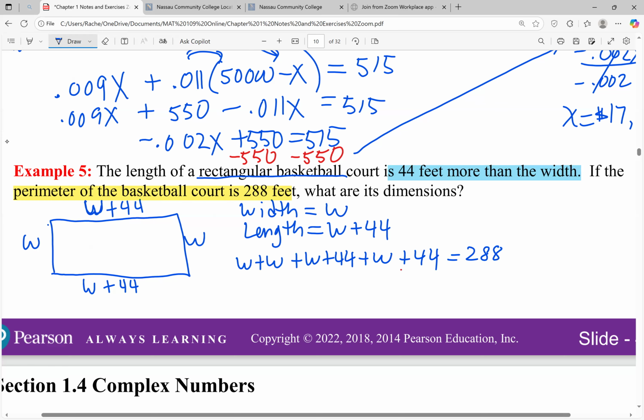Now I have an equation where I could solve for W, right? So if we add up all the W's on the left, that's 4W plus 44 plus 44 is plus 88 should equal 288. Now let's solve for W, right? So let's subtract 88 from both sides. And we're going to get 4W equals 200.